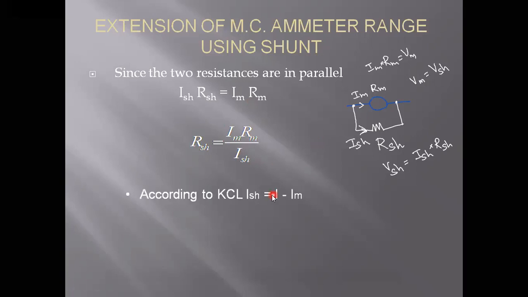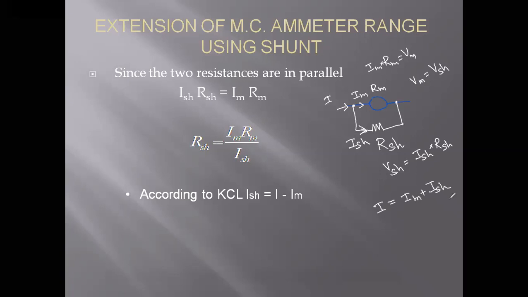According to Kirchhoff's current law, here we have I current, that is the load current. So if you write Kirchhoff's current law at this junction, we will get I is equals to IM plus ISH.